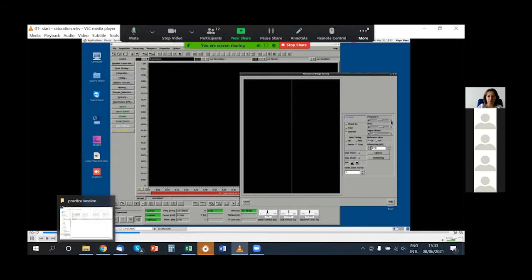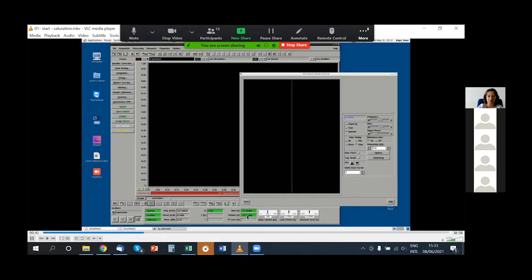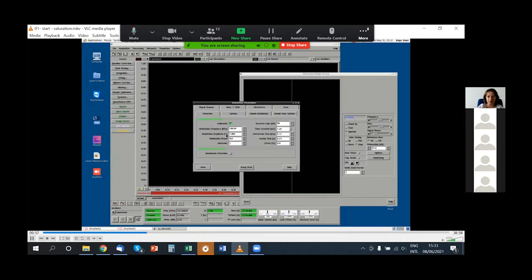You see the Q factor, it's already here. You have here the Tesla meter, which is correcting, in fact, it's a correction of the magnetic field, let's say.